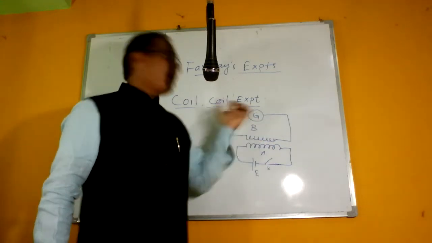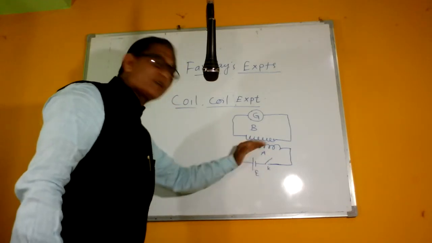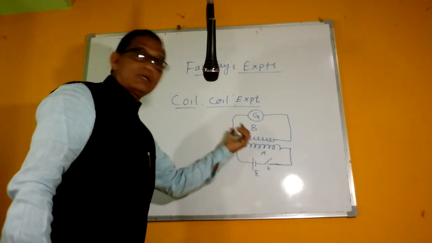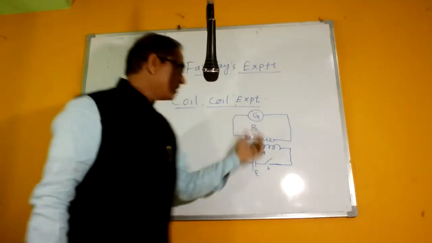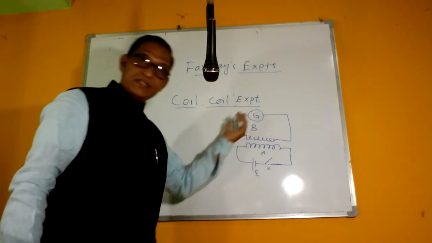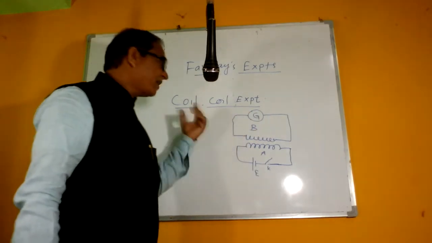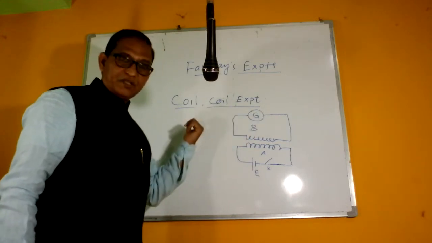As the current flowing through coil A is stopped, the flux linked with coil B decreases, and we find another deflection in the galvanometer, but in the opposite sense.